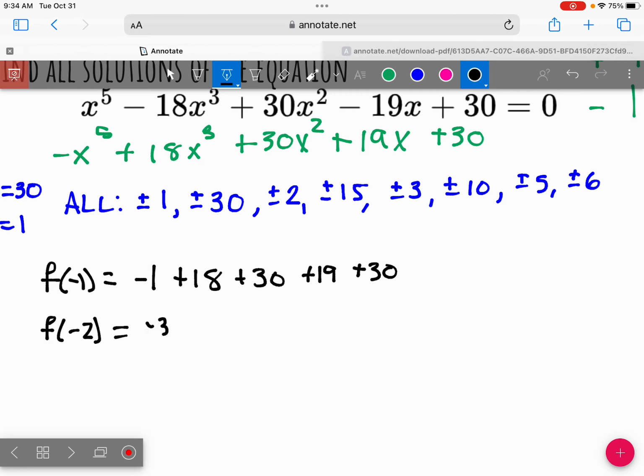So we have -32. This is going to be positive 144. Positive 120. Positive 19 times 2, 38. Plus 30. Is that one going to be 0? Nope, so it's not negative 2.